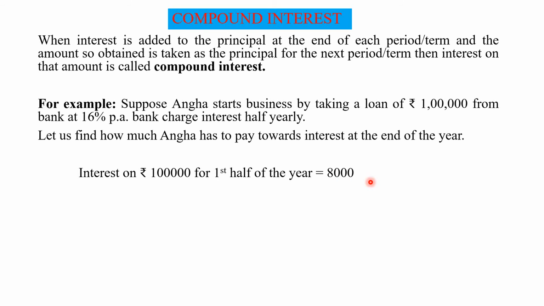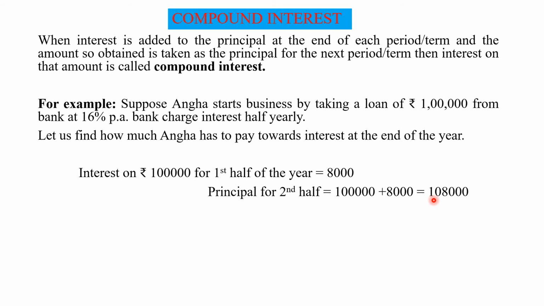So the interest is 8,000, but the principal for the second half is 1 lakh plus interest, which is 1 lakh 8,000. When interest is added to the principal at the end of each term, the interest 8,000 is added to the principal.